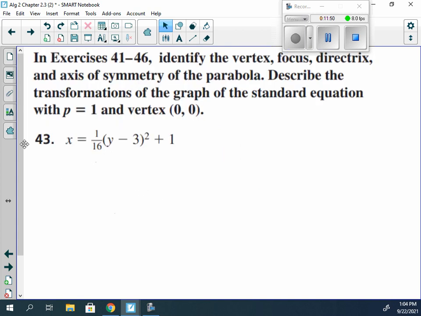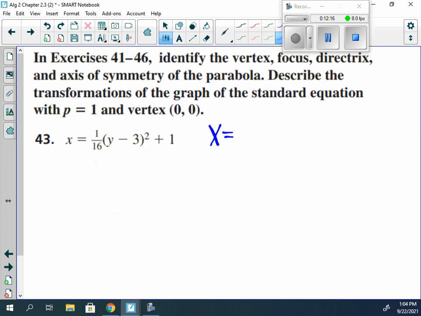Okay, let's look at the next one. So who can tell me what the value of h is? I hear 3. Anybody disagree? Because I'll tell you I will. It is 1.